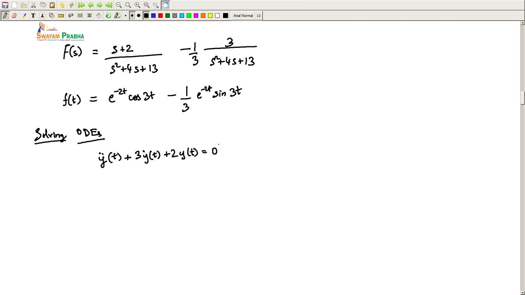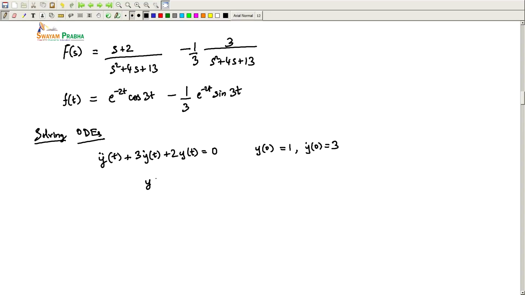This is our ordinary differential equation with the initial conditions y of 0 equal to 1 and y dot of 0 equal to 3. Here we have two initial conditions because this is a second order equation.